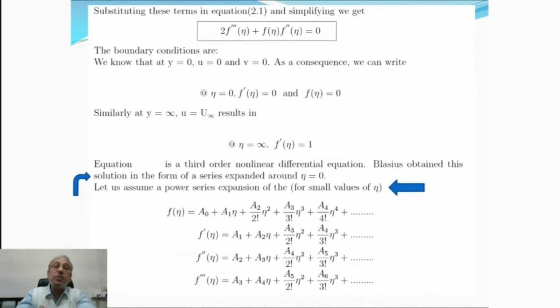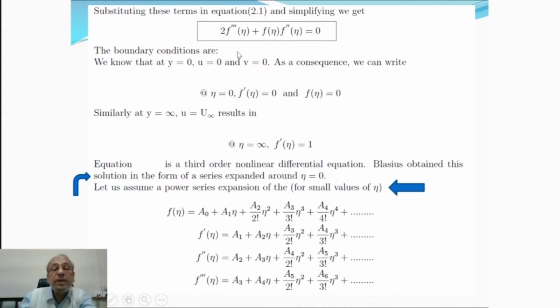If we substitute and do some algebraic operation, we will get 2f triple prime eta plus f eta into f double prime eta equal to 0.